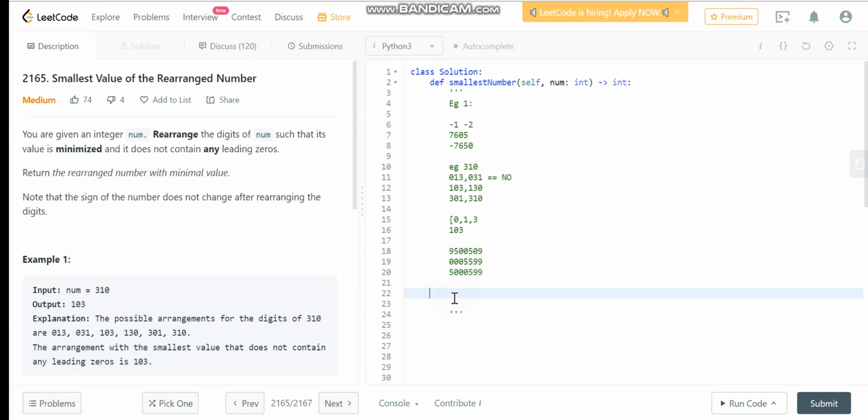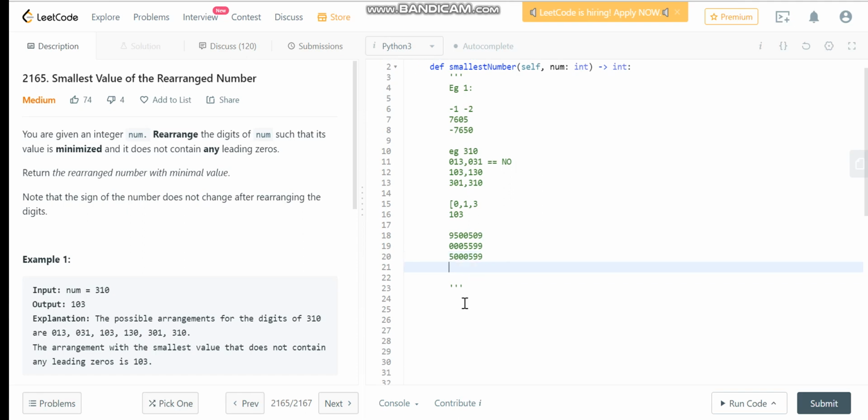I hope this was clear and this made sense, the whole idea about it. So in short, the algorithm is that if the number is negative, then sort the digits in decreasing order, and if the number is positive, then sort in ascending order.